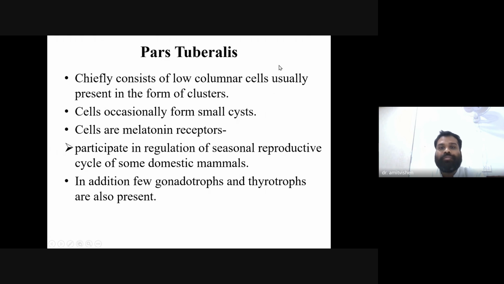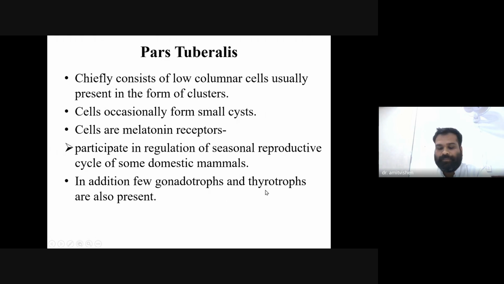And these low columnar cells will be present in the form of clusters, as you saw in my previous slide. And these cells have melatonin receptors.